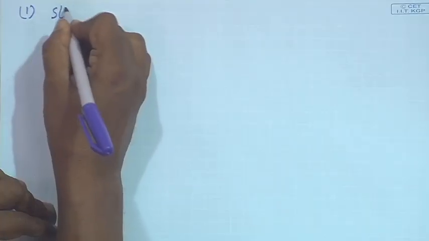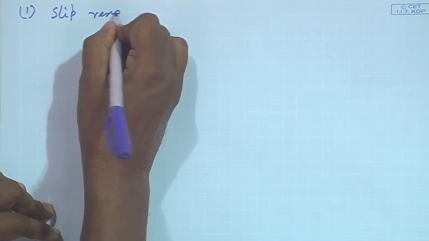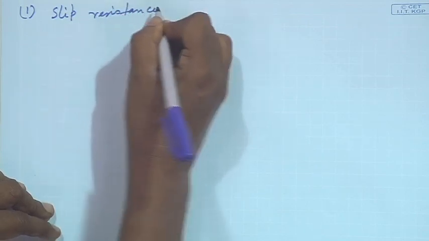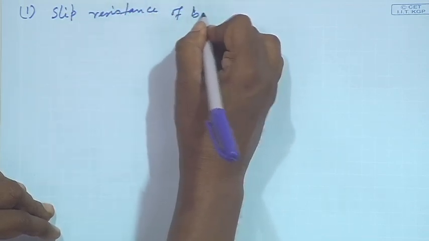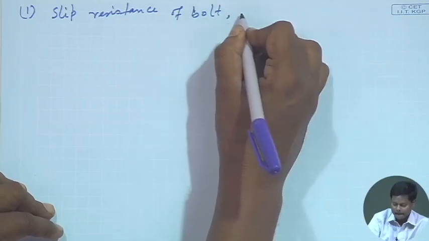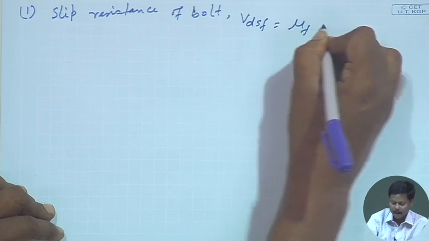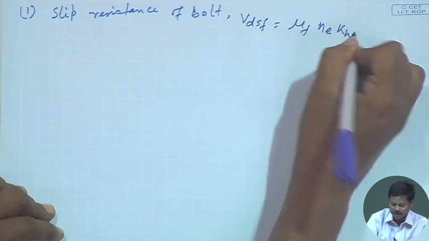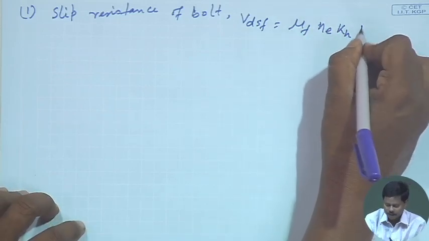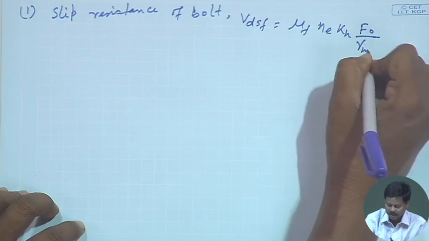Now, we have to find out the slip resistance. The slip resistance of the bolt can be found as VDSF equal to mu f Ne kh into F0 by gamma mf.